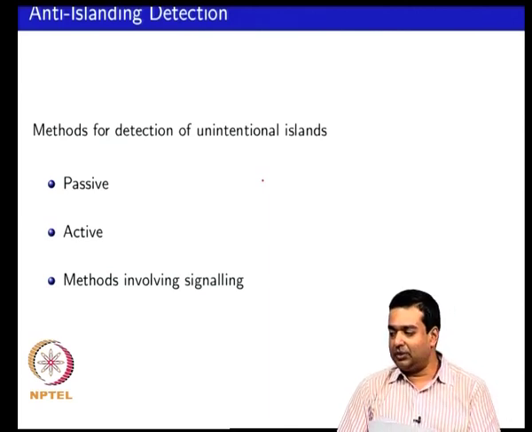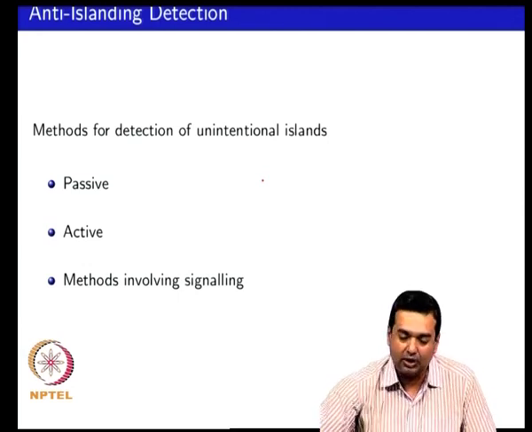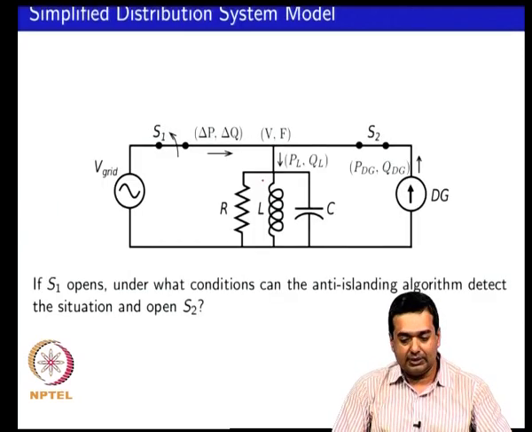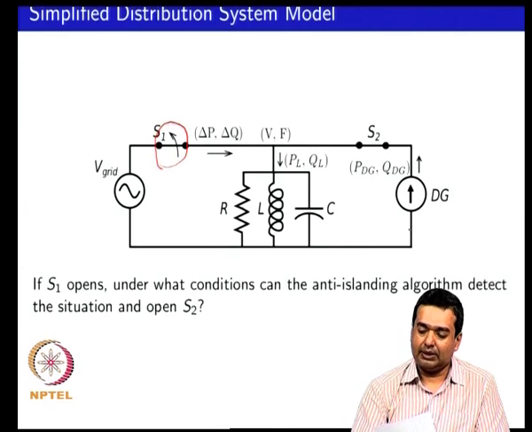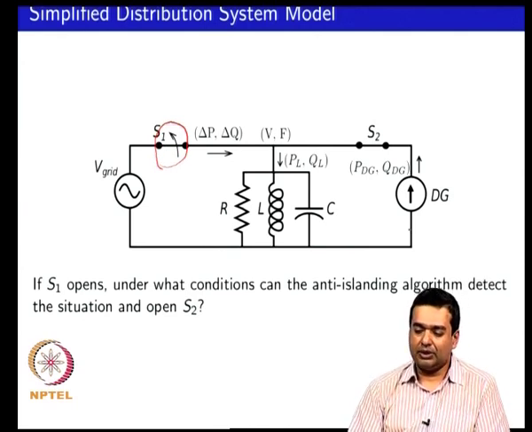So, we started with then looking at a model of a feeder as a RLC circuit, and then we started looking at the situation where you want to detect by passive methods the situation of an unintentional island, and the problem can be simplified as follows. If the circuit breaker upstream on the feeder is opened and the feeder loads are modeled as R, L and C, a parallel RLC network, and the DG is modeled as a source injecting real and reactive power into the network.